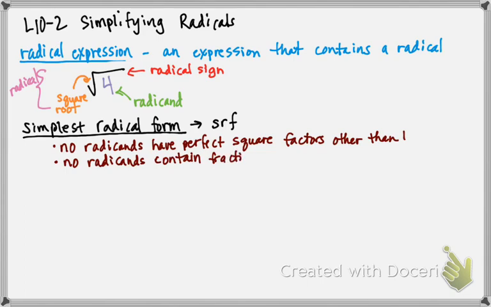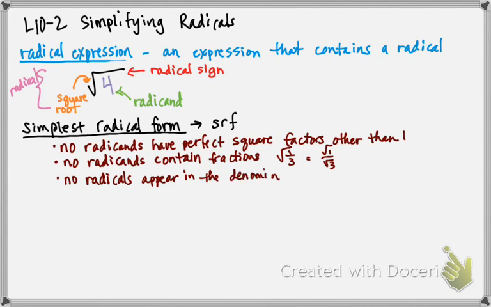So this is just basically saying this is not okay, but this is partially okay. And then there's a point you're going to learn, we're not going to deal with it now, is rationalizing the denominator, unless we hear something more from the high school. And then the last one is no radicals appear in the denominator of a fraction.